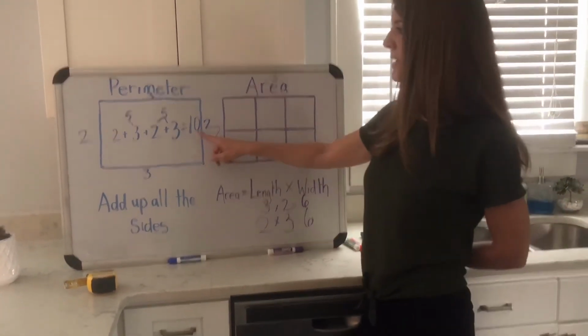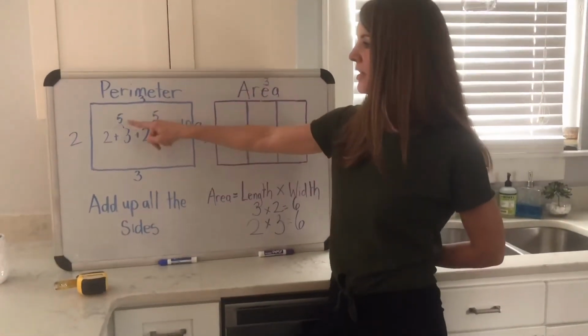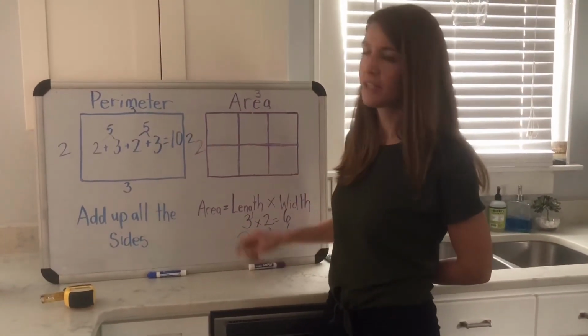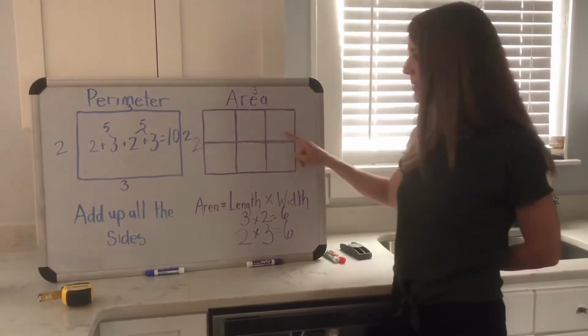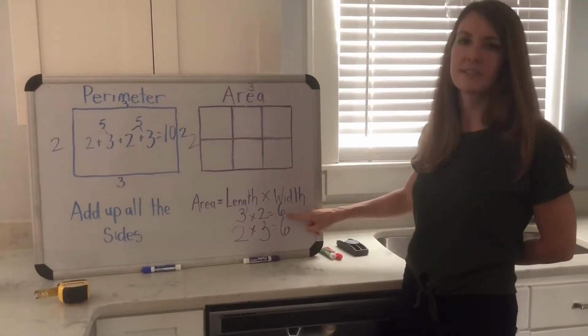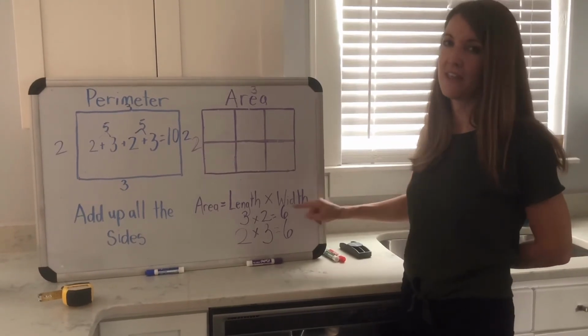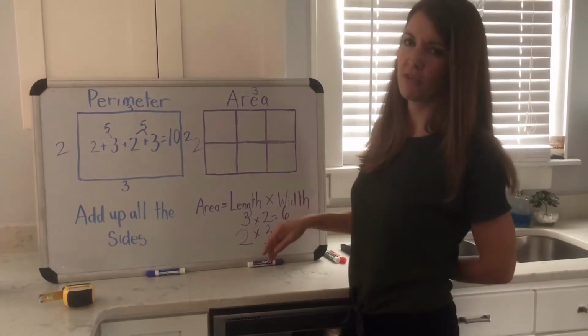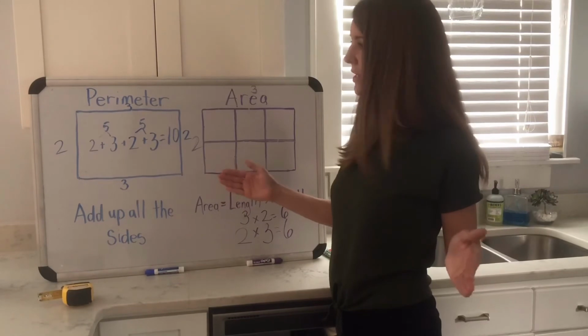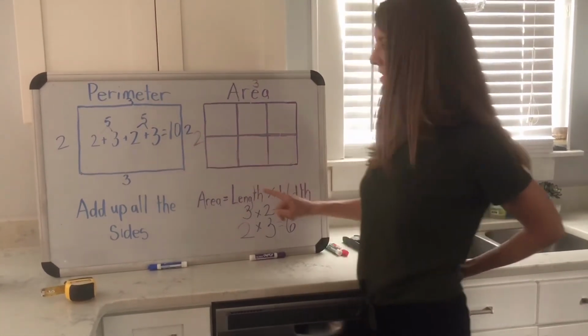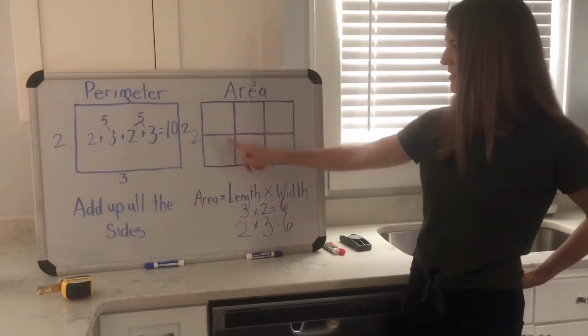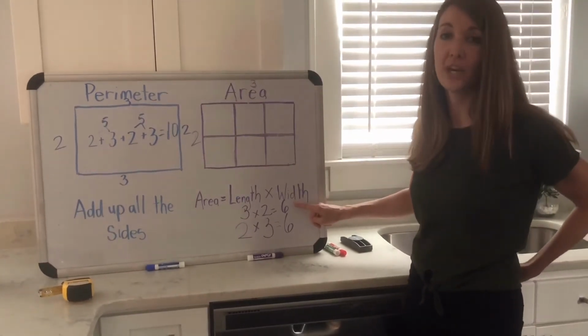If we were measuring perimeter in feet, the answer would be 10 feet. But when we're measuring area, it would be 6 square feet. Same thing with yards: the perimeter would be 10 yards, and the area of this shape would be 6 square yards.